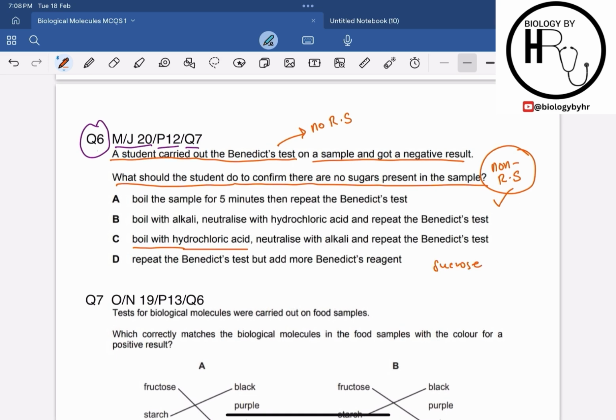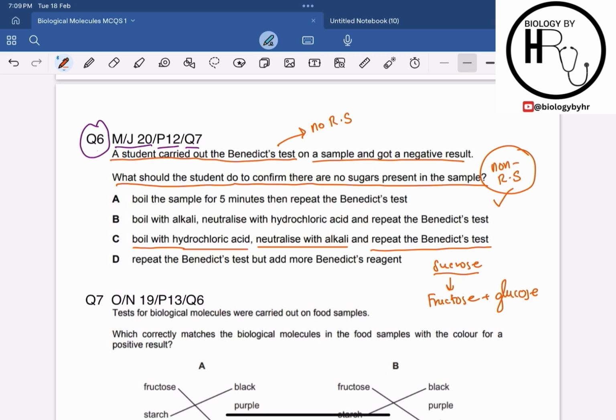If only sucrose is present, it should be broken down into fructose plus glucose when boiled with the hydrochloric acid. Then we have to neutralize it with the alkali, because the Benedict reagent works best in the alkaline condition. And then we are going to repeat the Benedict test.